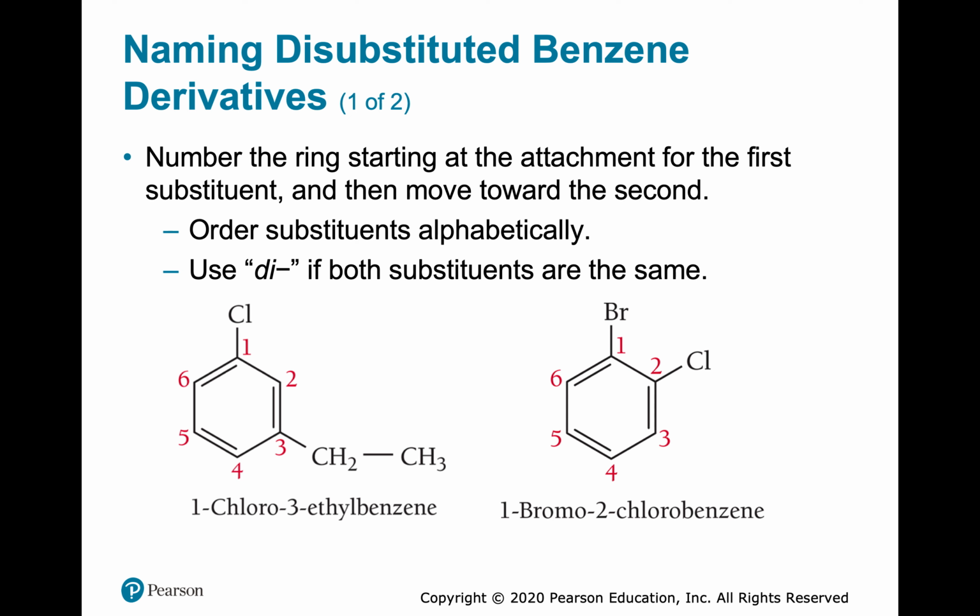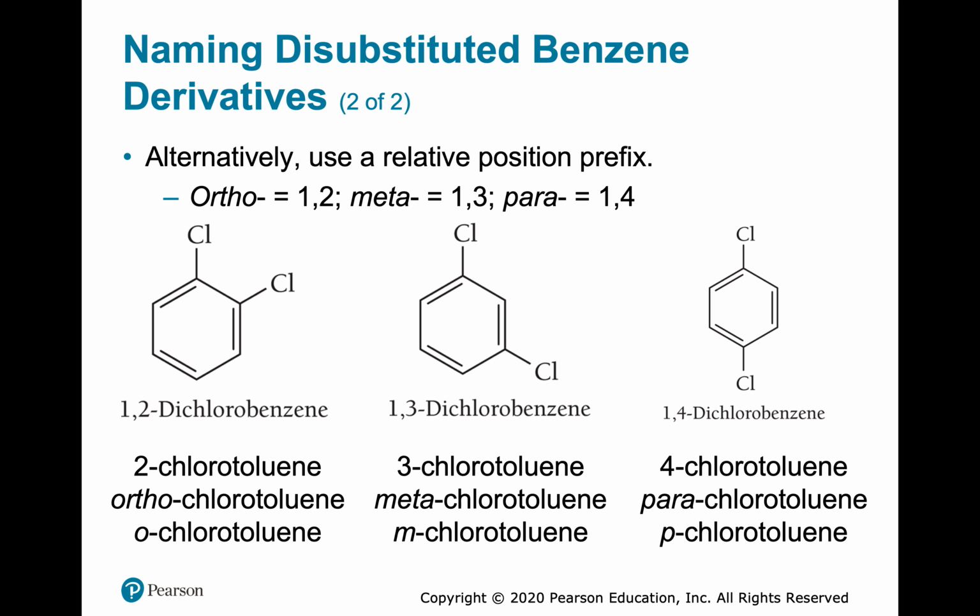It would be 1,3-dichlorobenzene, for instance. And then bromine is higher priority than chlorine. Iodine would be higher priority than bromine, right? So the bigger, fatter atoms go first, right? So you get 1-bromo-2-chlorobenzene.